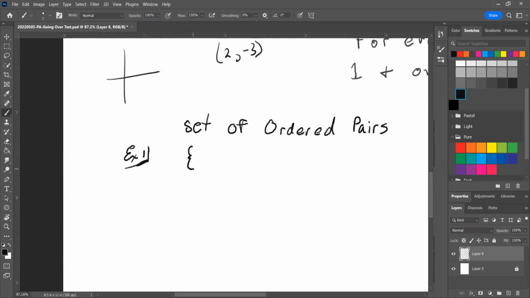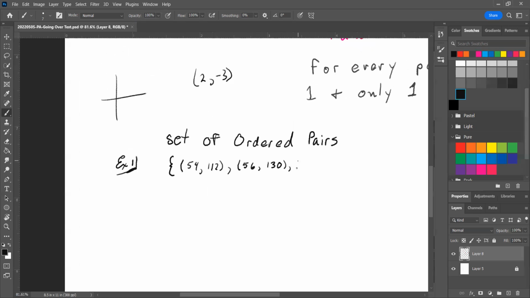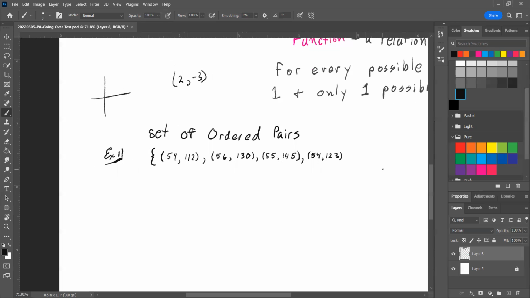So a curly brace, and then we're going to list a set of ordered pairs: the ordered pair 54, 112, and the ordered pair 56, 130, and the ordered pair 55, 145, and the ordered pair 54, 123, and the ordered pair 56, 128.